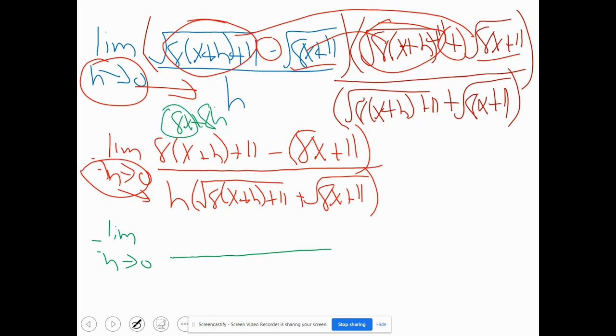So 8x minus 8x would be gone. I've got 8h, they're not like terms, that's going to stay there. And I've got 11 minus 11, that's gone. In the bottom, I have h times the conjugate. Now, just to save space, I'm not going to write the whole conjugate out. But you can copy it down.